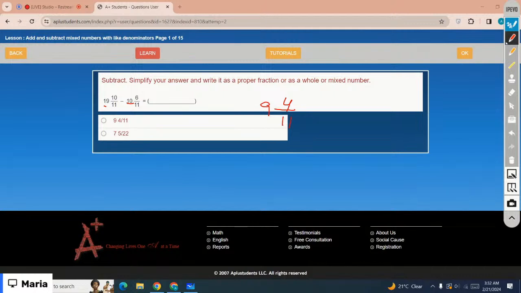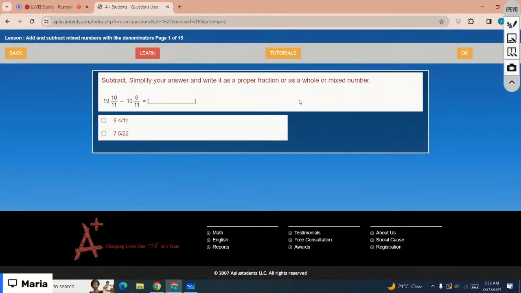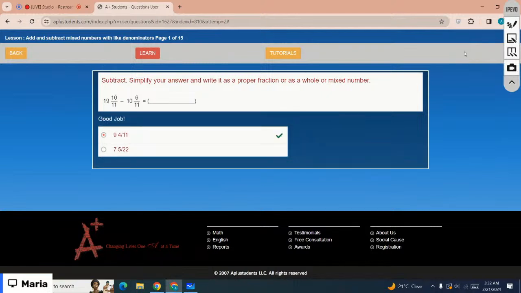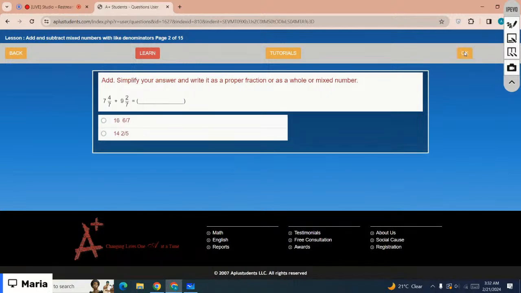Let's just move on to the next one, right? Okay, now you have to add 7 whole 4 over 7 plus 9 whole 2 over 7. Exactly the same thing you have to do here. Add their whole number part, 7 plus 9 is 16. Then add their fractional part, 4 plus 2 is 6.